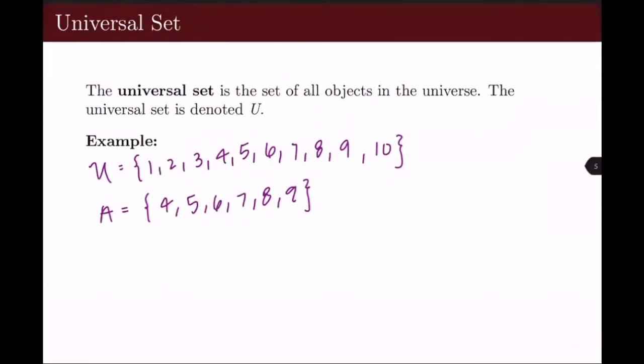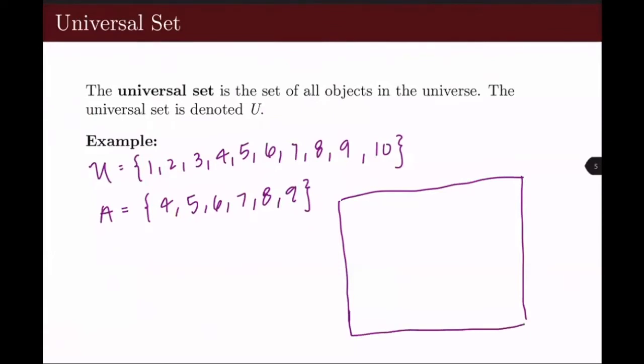If you'd like to see this as a picture, we always draw a box to show we're inside of our universe. And then the set A would be inside of this box. So A is 4, 5, 6, 7, 8, 9.